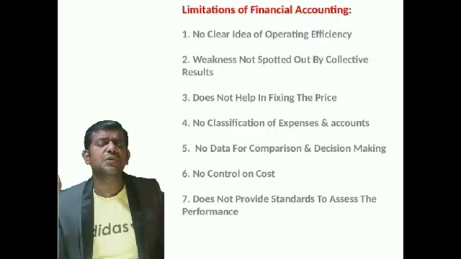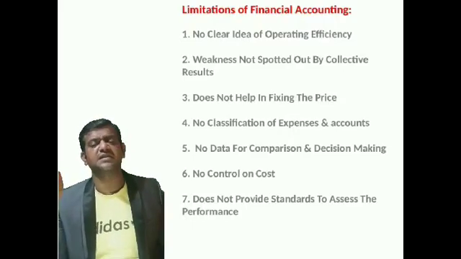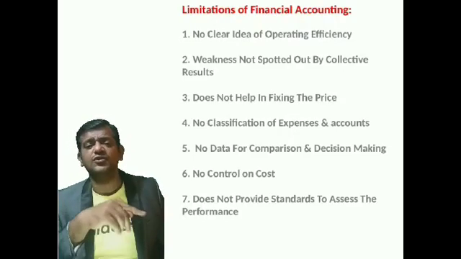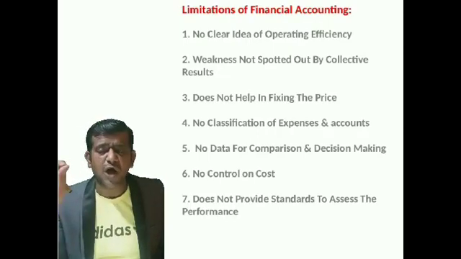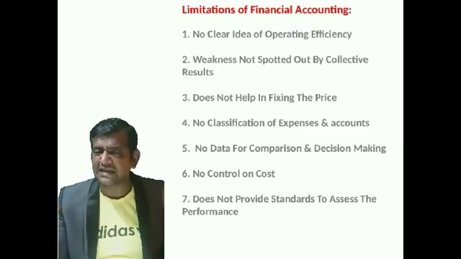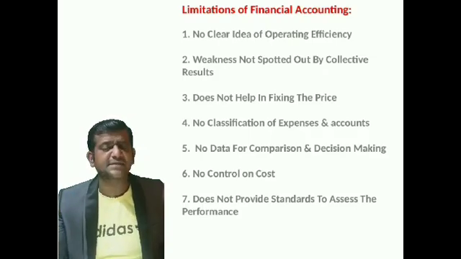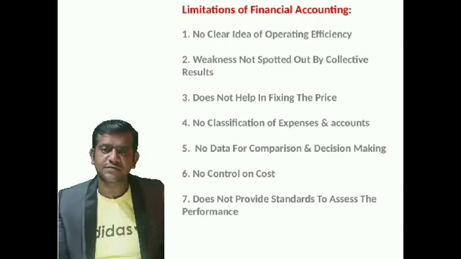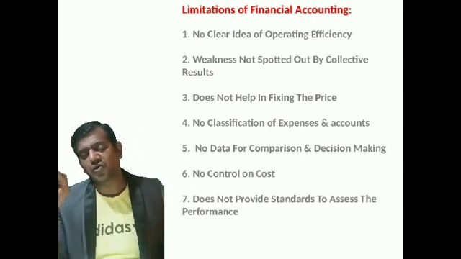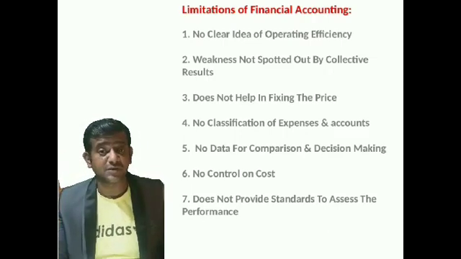No control on cost. Next, point 6 clearly speaks, there is no control over cost. Financial accounting does not help to control materials, supplies, wages, labor and overhead cost. See, we always divide the cost into different factors.